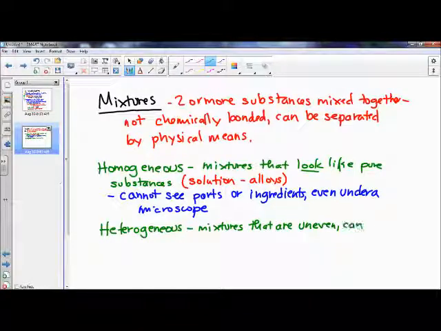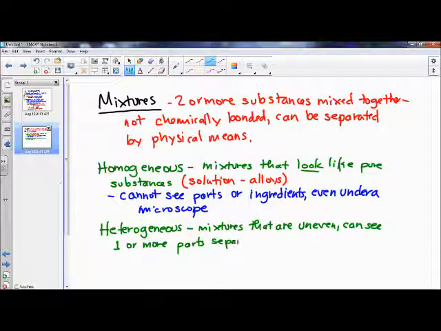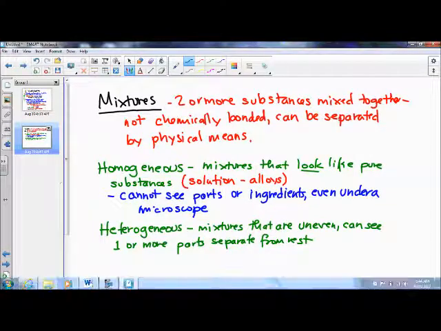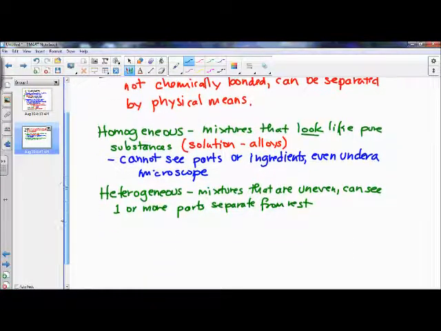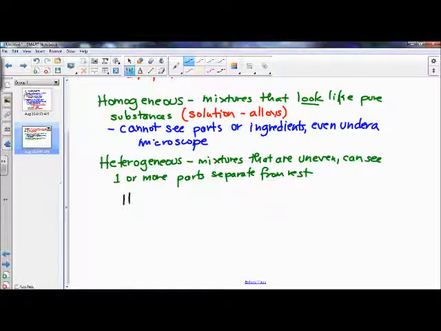And you can see one or more of the parts separate from the rest. Okay, let's look at a couple of examples of these. These are homogeneous mixtures over here. Here are some heterogeneous mixtures over here.